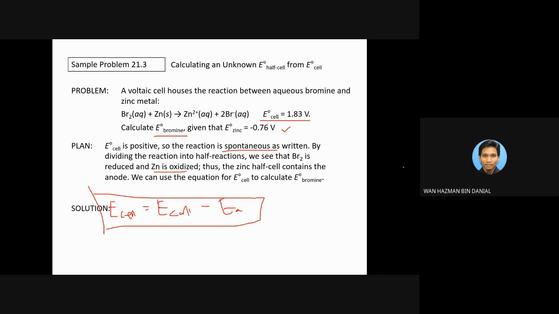Alright, let's see what was written. We know which is the cathode and which is the anode. For zinc, we know the value, and it is the anode here. E cell we also know, so we can straightforwardly calculate E cathode. E cell is 1.83, E bromine is unknown, minus negative 0.76.